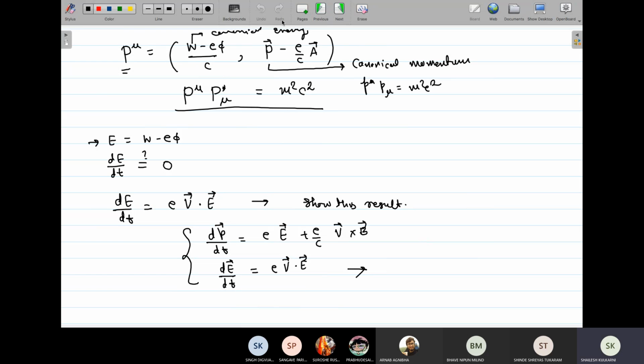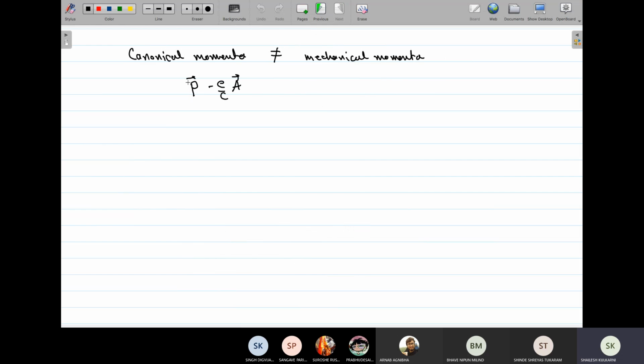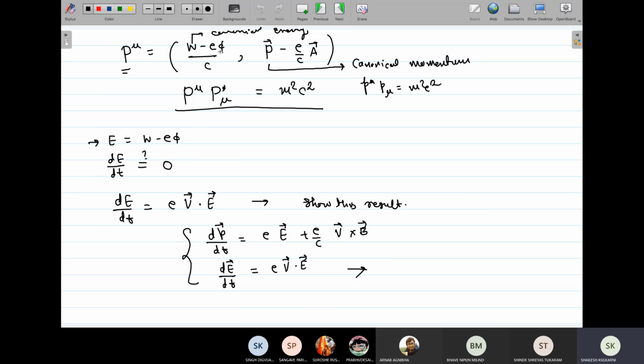Okay. So let us write capital P mu. What is it equal to? This P is different from the canonical one, so let me write this as script vector P. Here this is the zeroth component and this is the spatial component.